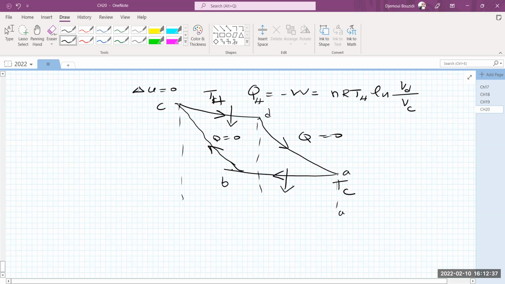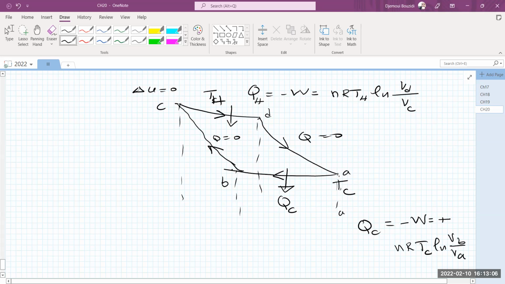Your Q_C, the heat that is dumped to the environment, is going to be, again, minus W for this part of the process. And this is going to be V_B over V_A, the same values. This is happening at the cold temperature T_C, ln of the final volume, which is V_B, over the initial volume, which is V_A.